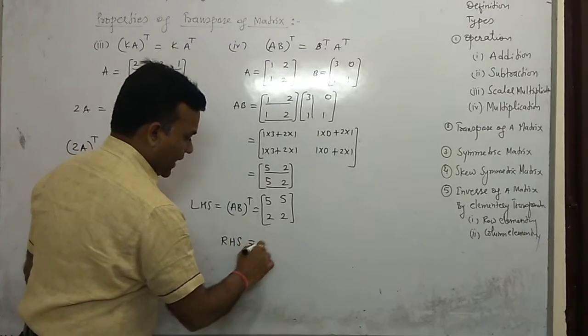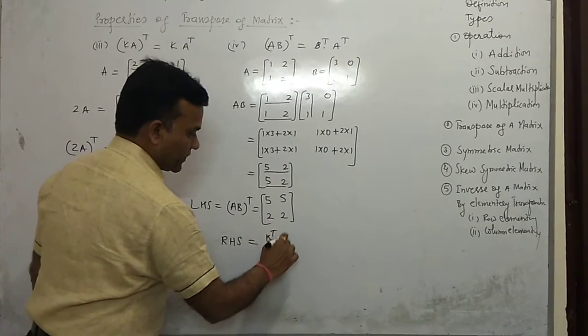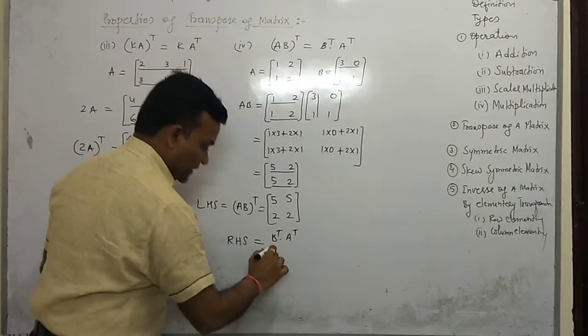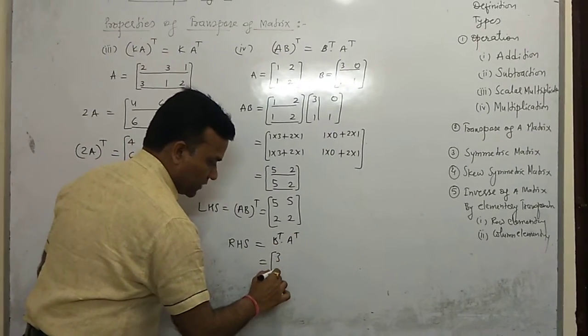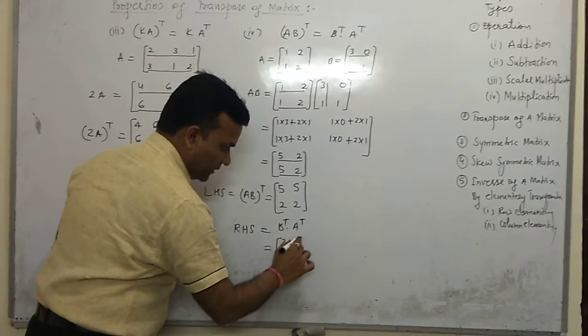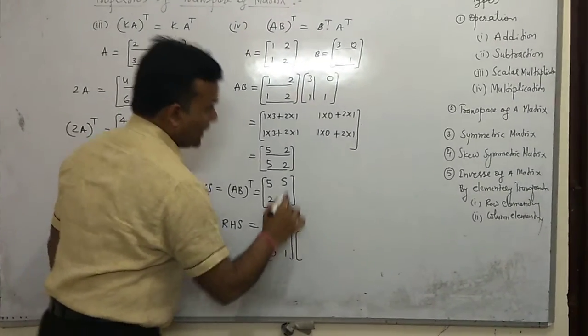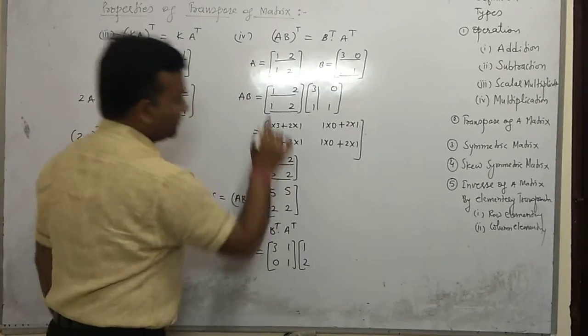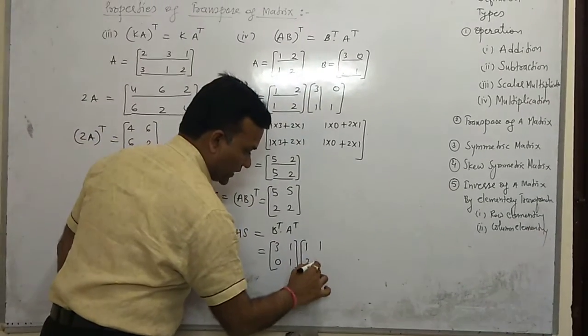On the right hand side we have B transpose into A transpose. What is B transpose? B transpose means you have this 3 0 in the first row, so you write it down in the first column, and 1 1 in the second row, so you write it down in the second column. And then A transpose. Similarly here 1 2 is in a column, again 1 2 is also in a column.